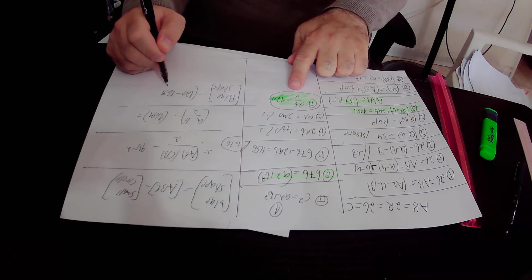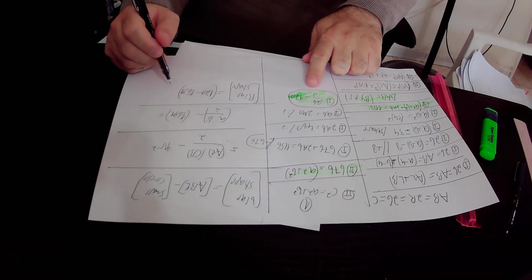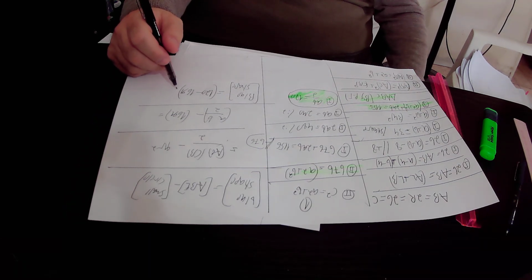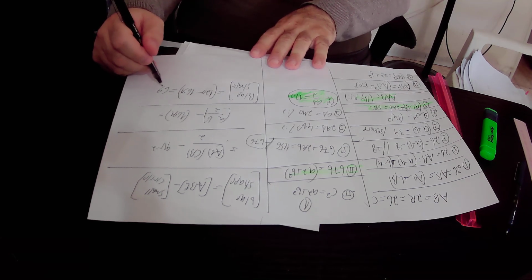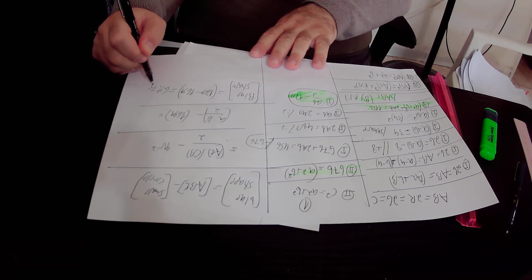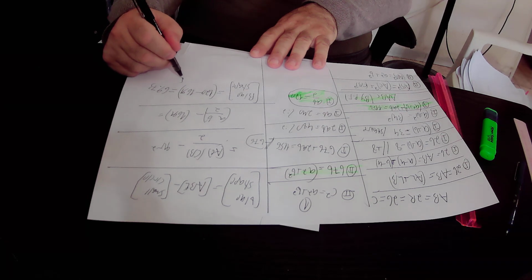So in conclusion, the area of the blue shape equals 120 minus 16 pi square units. In terms of numbers, it is equal to 69.73 square units.